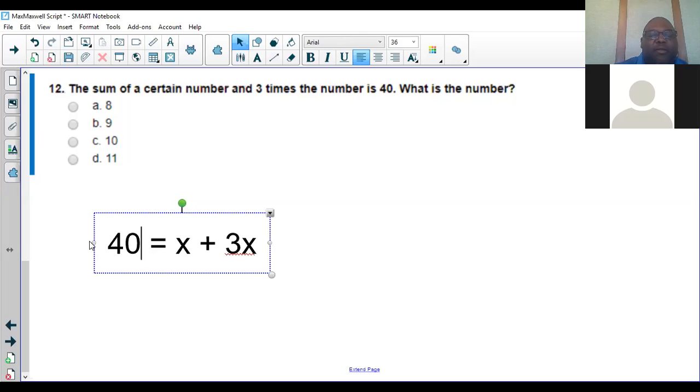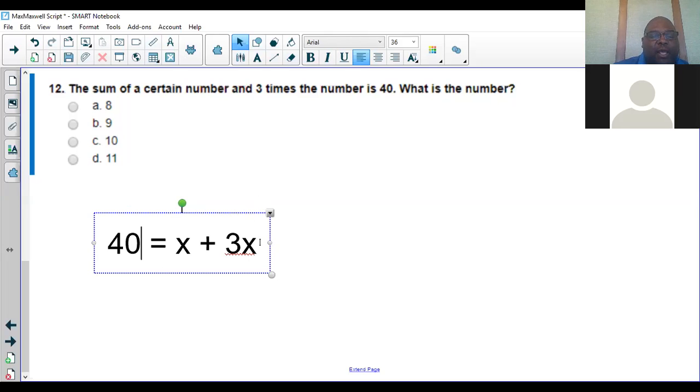So let's think about it. Let's see if this makes sense. So altogether, it has to equal 40. So the sum, that means add, of a number, we don't know what that number is, and 3 times that same number is going to equal 40. So what is the number?